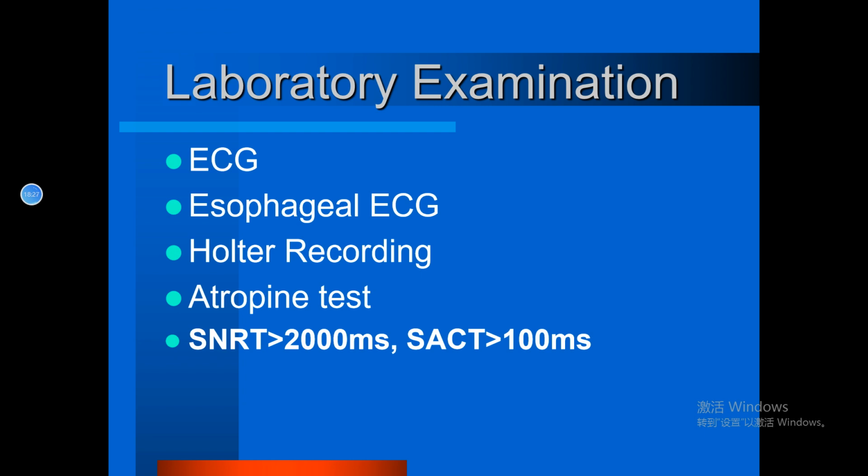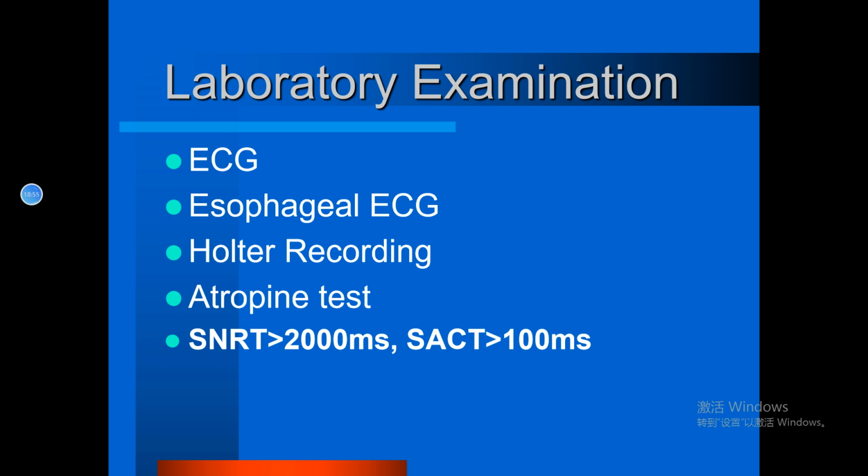Holter recording is an ECG that can usually be recorded for about 24 hours or even 48 hours. It can count the total number of sinus arrests or sinus bradycardia episodes. It is also useful for us to diagnose sick sinus syndrome.